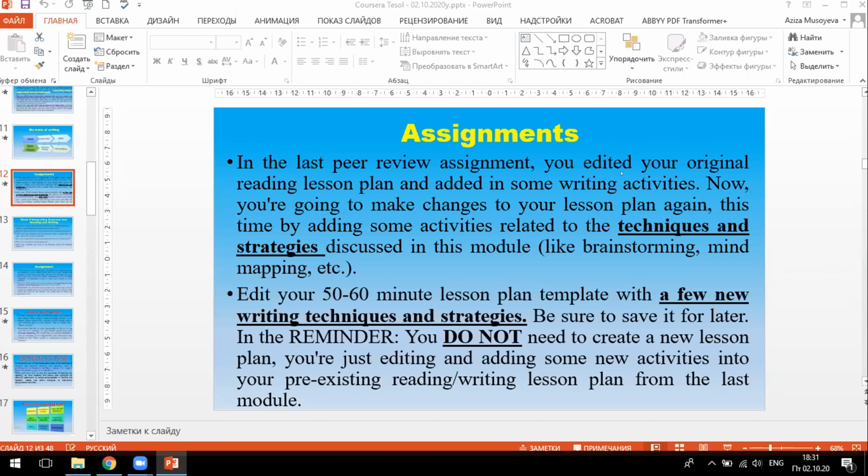Mind mapping can be this, and can also be, for example, especially in writing or in vocabulary, you need to associate the word with some physical image, so that they understand and remember this word afterwards.